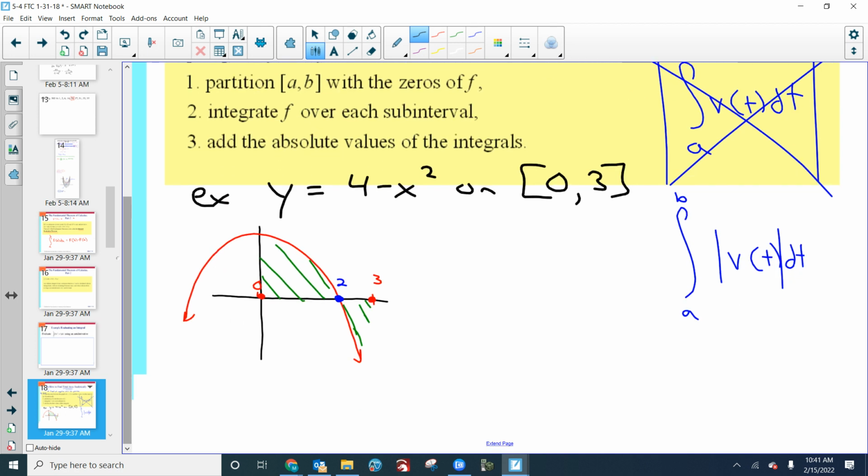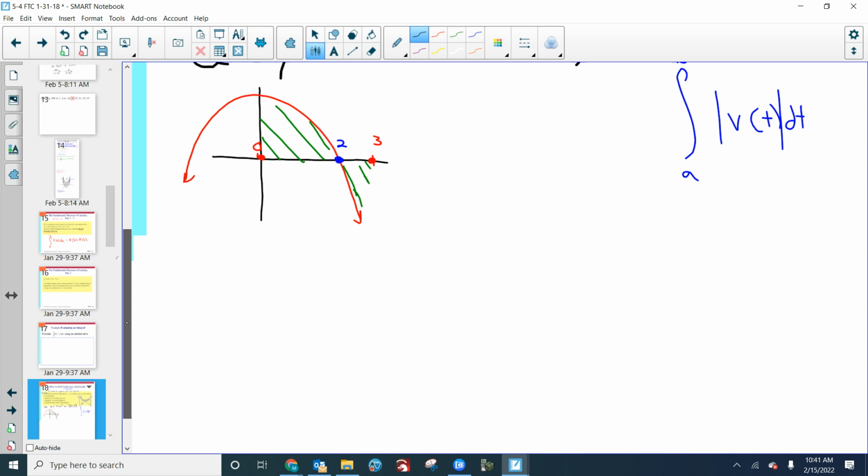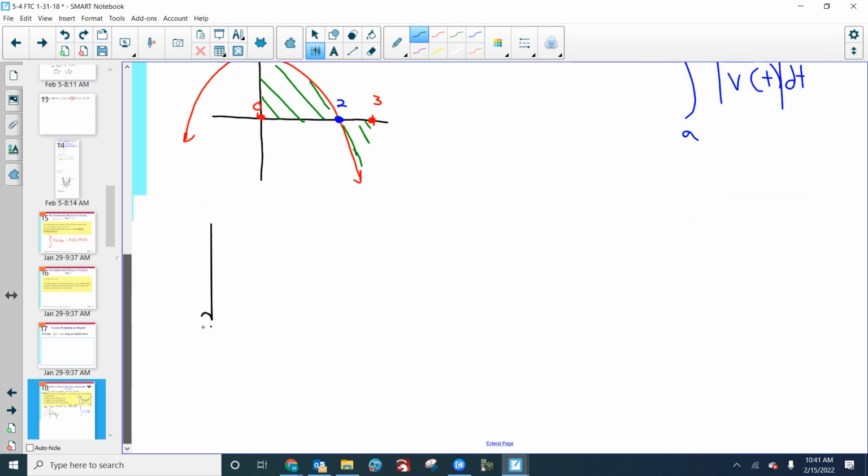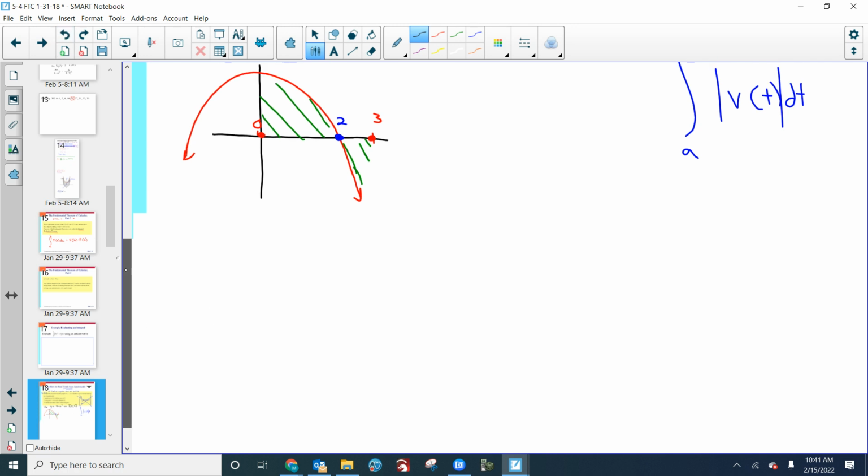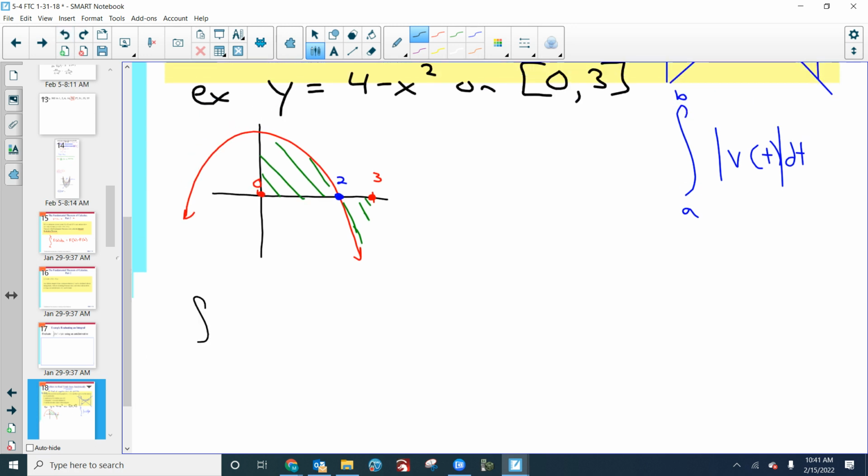Okay? So here's what's going to happen. We're going to take the integral from 0 to 2 of 4 minus x squared dx plus, let me be careful here.